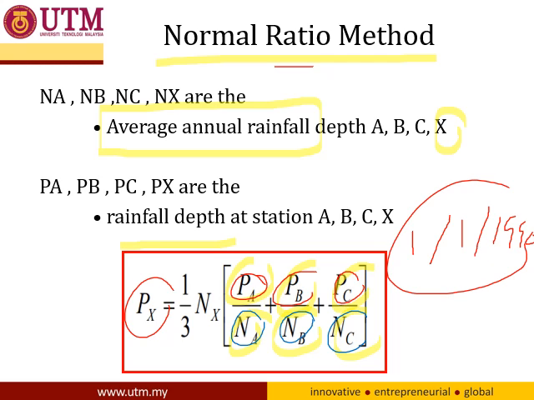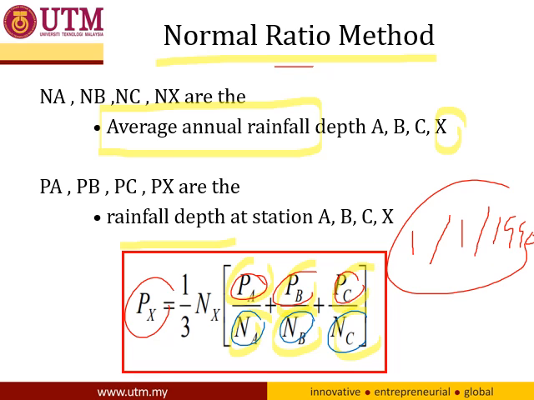Annual means, for example, you have data from 1970 until 1990. So annual means the total year rainfall. You add all the 1 year rainfall data, and then you average across how many years you have.